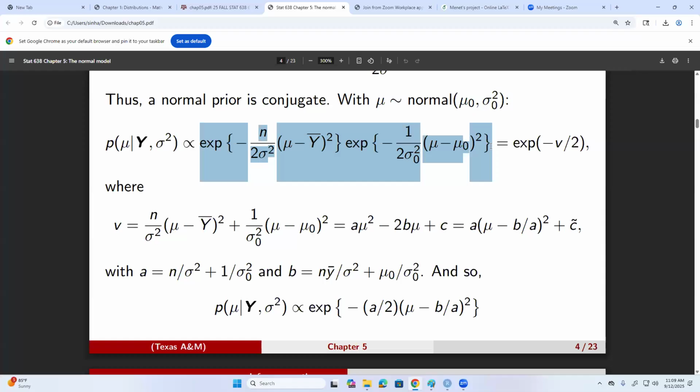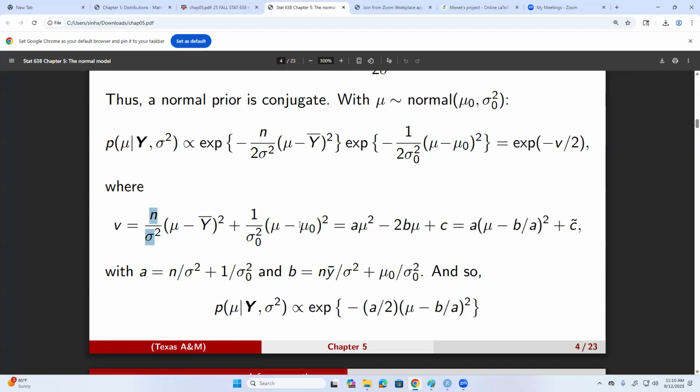My job is to figure out that a and b for mu. Here it is given: I write this entire thing, without 2 in the denominator, as n over sigma square times (mu minus y bar) square plus 1 over sigma 0 square times (mu minus mu 0) square.